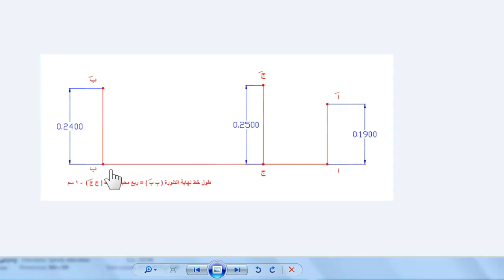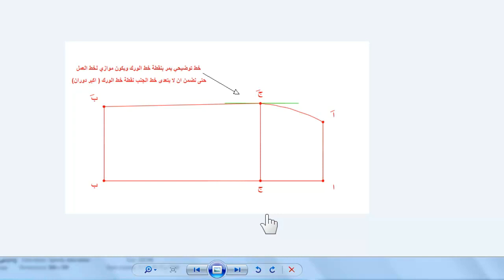And the line from B to B open makes quarter size of the hips, minus 1 centimeter, which equals from G to G open, minus 1 centimeter for the body's look.